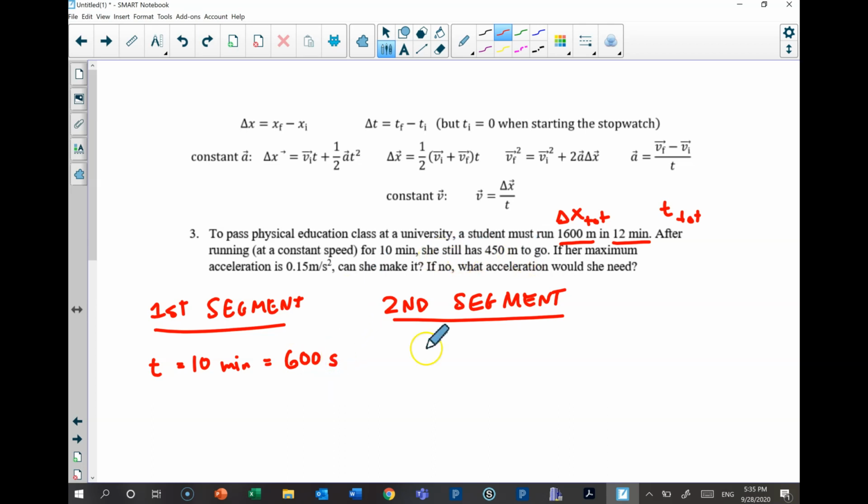And let's see, that means in the second segment, we're going to come back to that. She still has 450 meters left, so that's what she has to run in the second segment. Delta x2, maybe I should use a 1. How much distance or displacement did she have then in the first segment? Well, the total is 1,600. Subtract off the 450, and we get this.